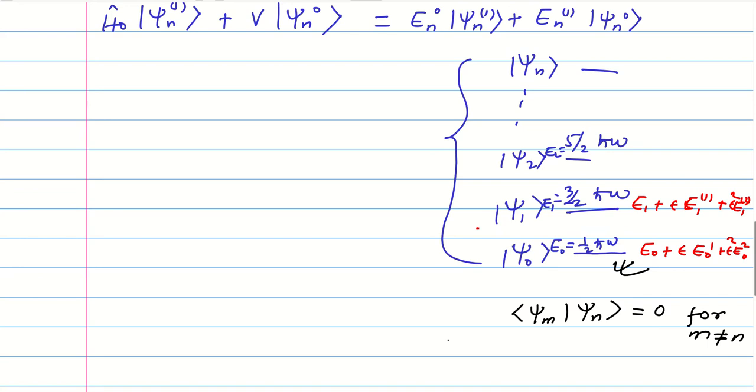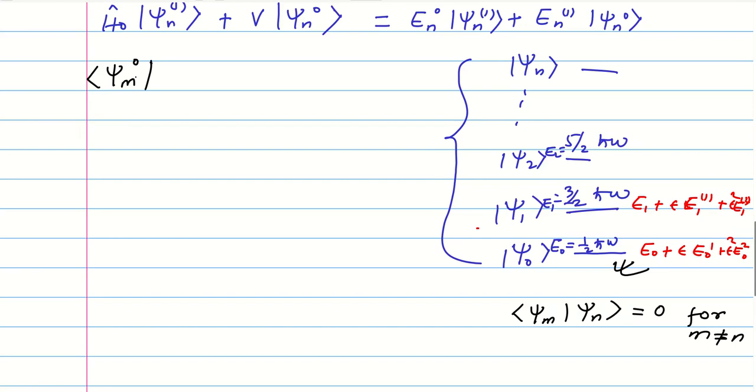So when we apply that trick here, what we will get, let's multiply throughout by this one, right? So we are multiplying with this bra.